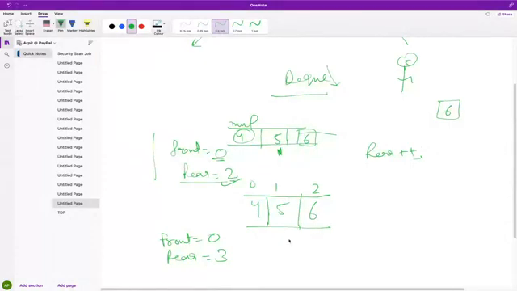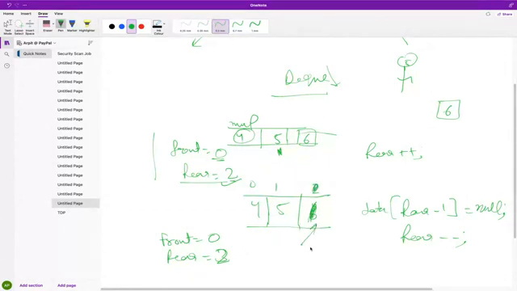So we need to go for rear minus 1. Wherever rear is, we need to go for that element, and at that element, put the null, and then subtract our rear, rear minus minus. Now rear will become 2 and this element will be deleted.